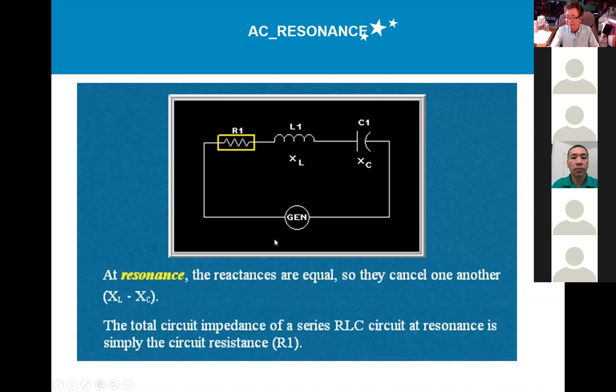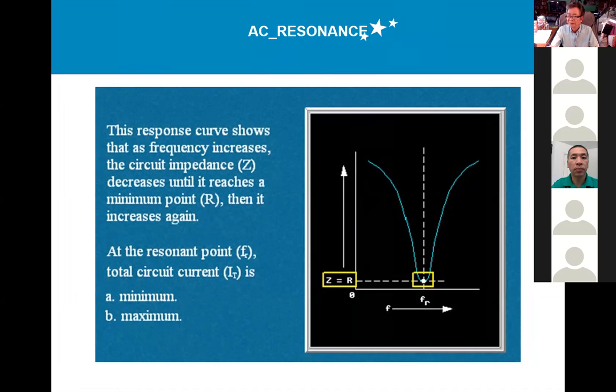The total circuit impedance of a series RLC circuit at resonance is simply the circuit resistance R. This response curve shows that as frequency increases, the circuit impedance decreases until it reaches a minimum point, then it increases again. The value right here will be R at the resonance point.